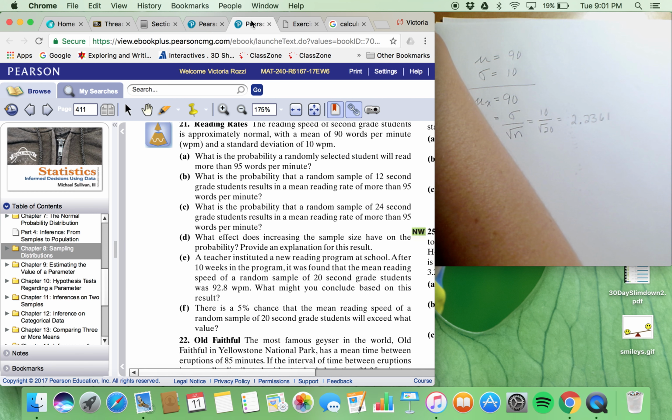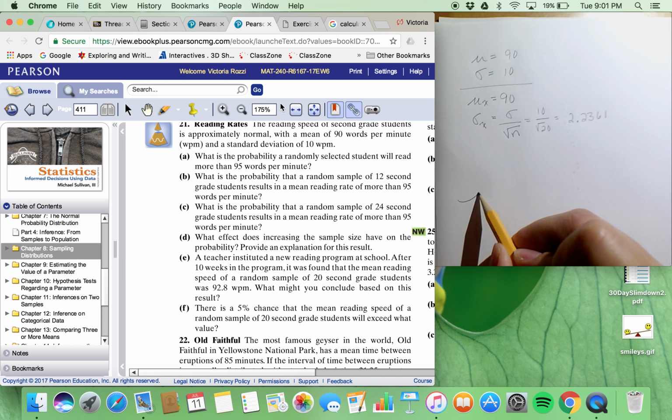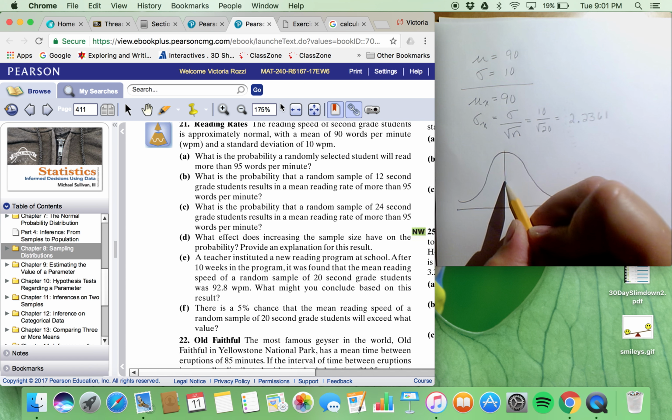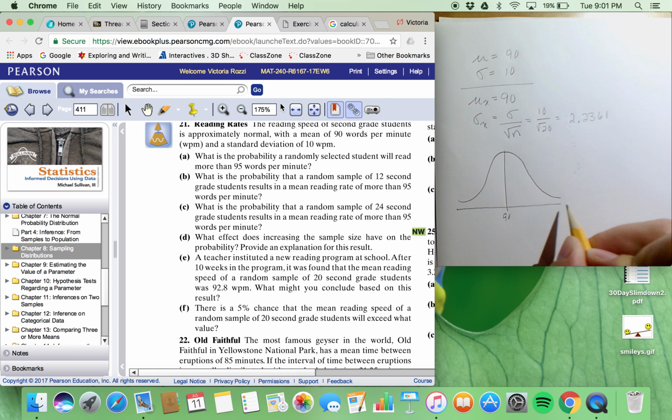So let's go back over here. Remember what your normal distribution looks like: a nice pretty bell shape. My drawings are never the best. If this is our sampling distribution, the mean is 90. We're going to pretend this is the x-axis here, and our standard deviation is 2.2361.